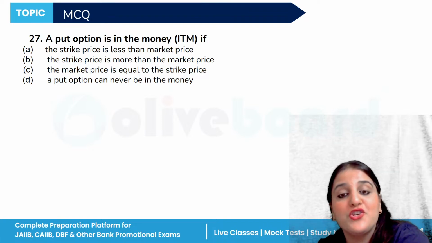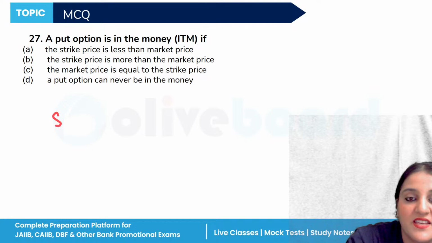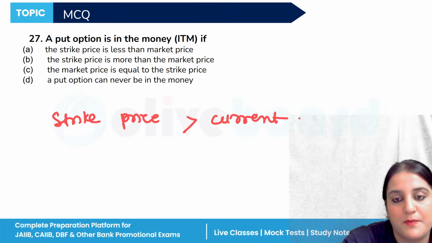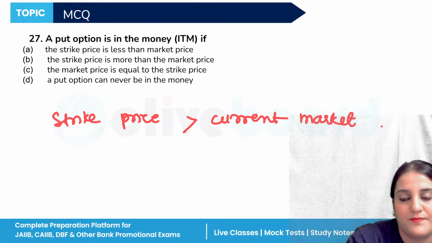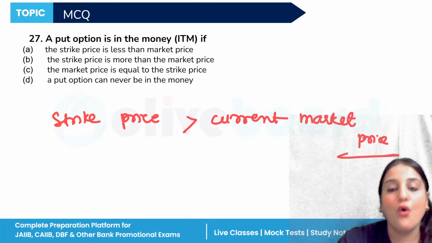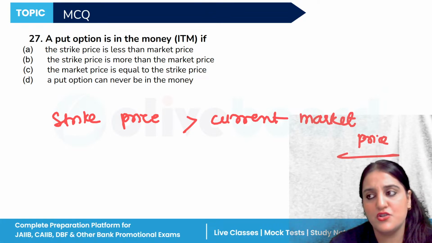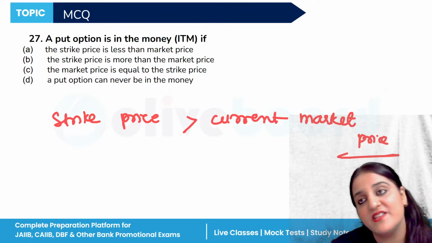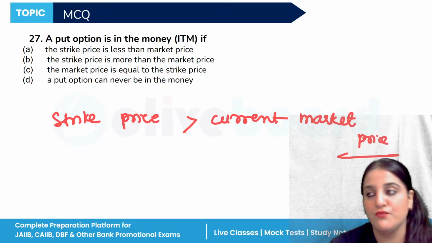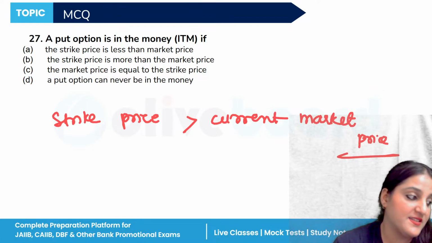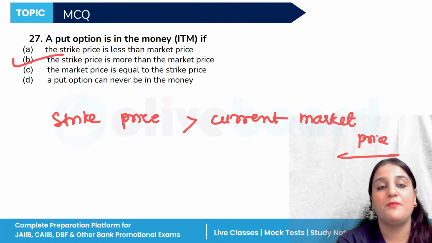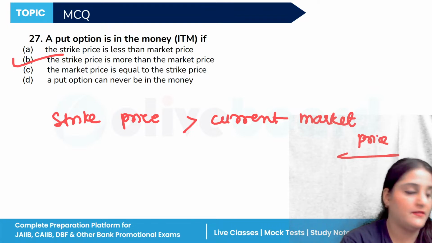A put option is considered in the money when the strike price is greater than the current market price of the underlying asset. This situation means the holder can sell the asset for more than its current market value, which would lead to a profit if exercised. So the strike price is here more than the market price. Option B is correct here.